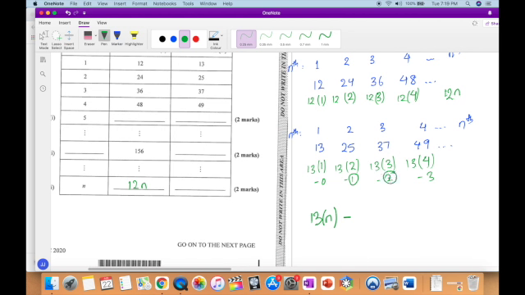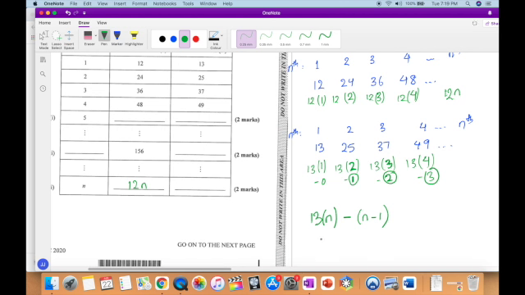So whatever n is, the number that I'm minusing is 1 less than it. So I'm minusing n minus 1.